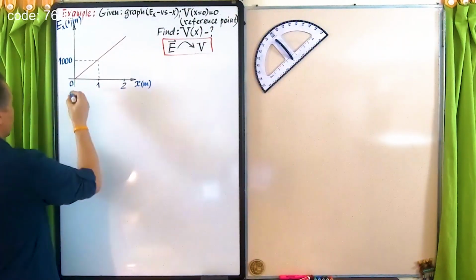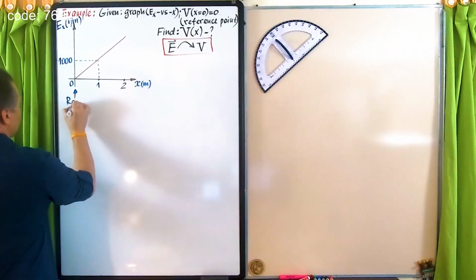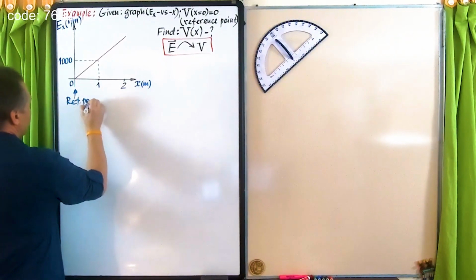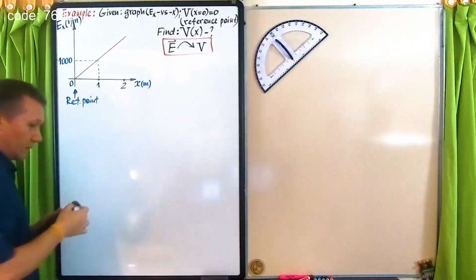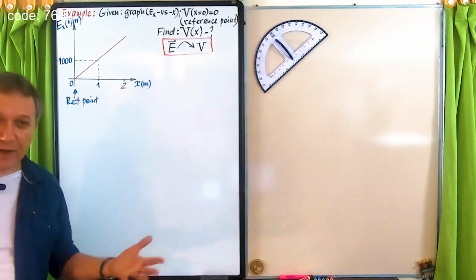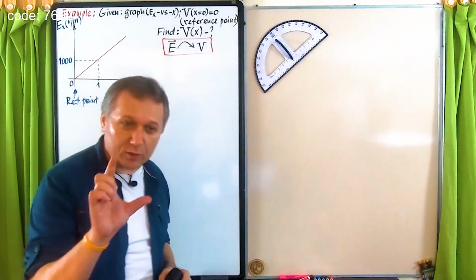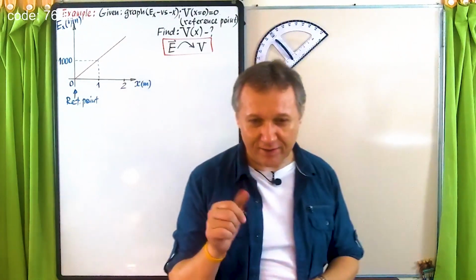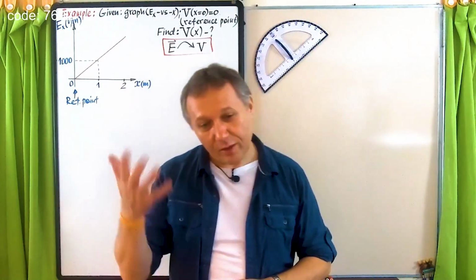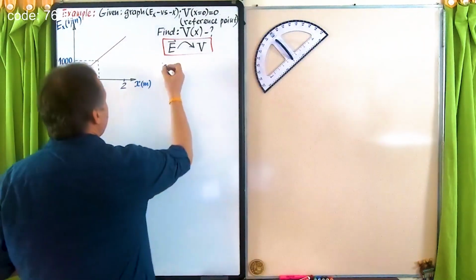Since the reference point is given, we will be able to find the electric potential. Otherwise, every time we can get only delta V, change in the electric potential, right? Okay, so now we can start actually solving the problem after discussing this.